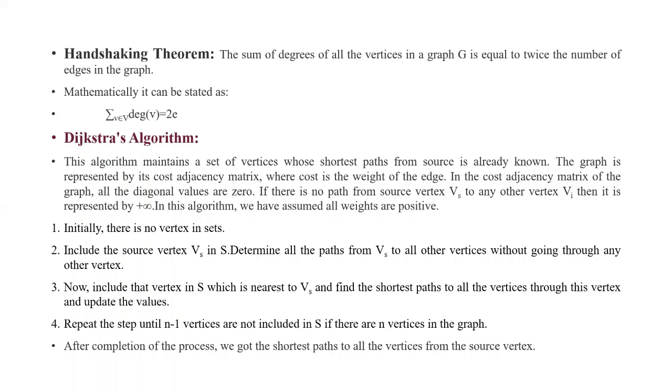Whichever distance is the minimum, we consider that path and include that vertex in the set S. Again, find the distance from the vertices included in that set to the remaining vertices not included in the set, and find the minimum distance.